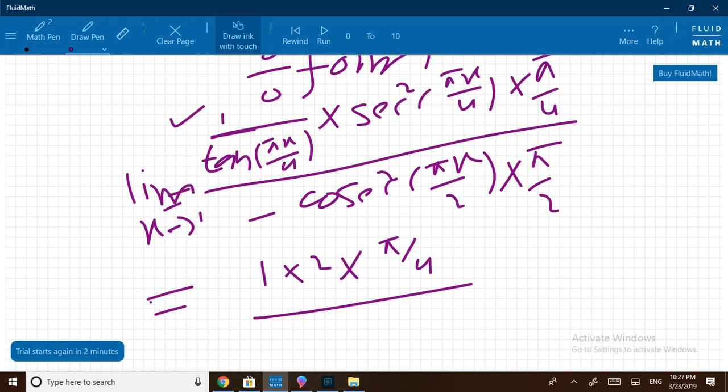And minus cosecant square, which is 1 over sine square(π/2), and sine(π/2) is 1, multiplied by π/2.